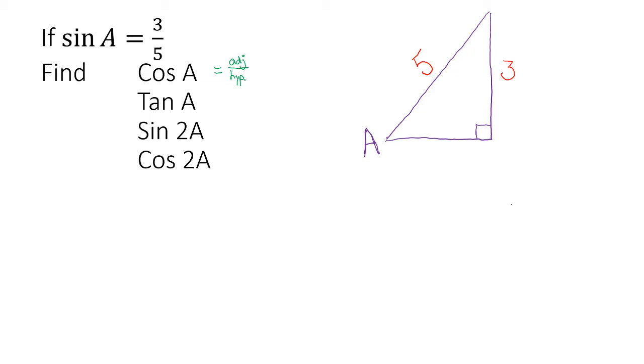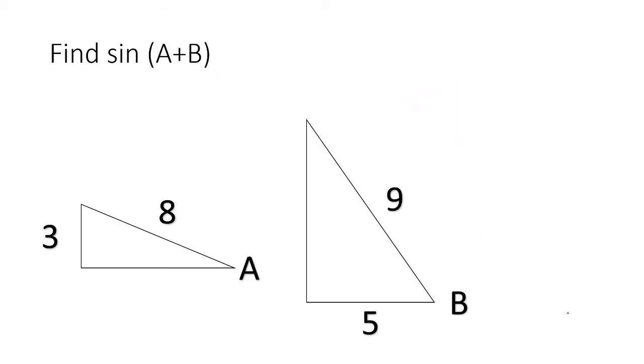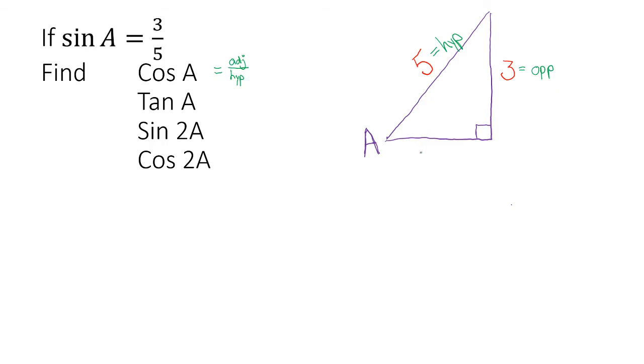If we're talking about A, the opposite side is 3, the hypotenuse is 5, and the adjacent is what I don't know.